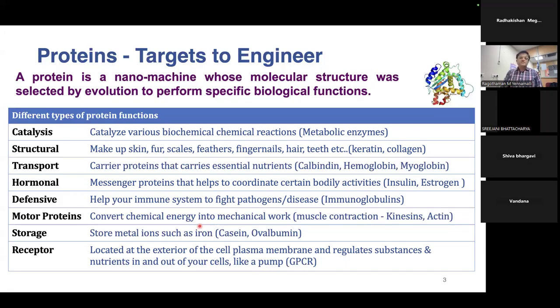But proteins do a lot more: they are involved in structure, transport, messaging, immunity, locomotion, storage, and receiving signals from outside the cell. There are many, many different proteins. The protein universe is much more vast compared to the nucleic acid universe.